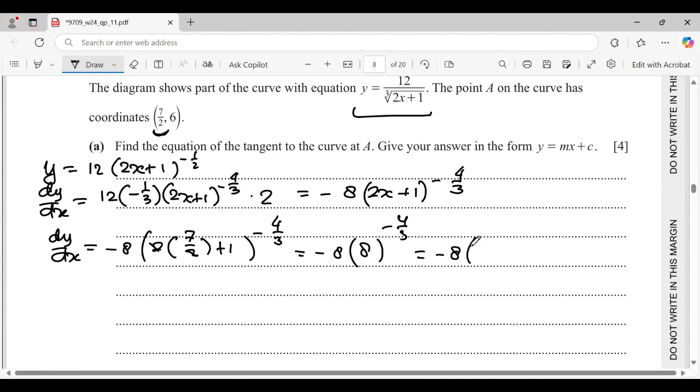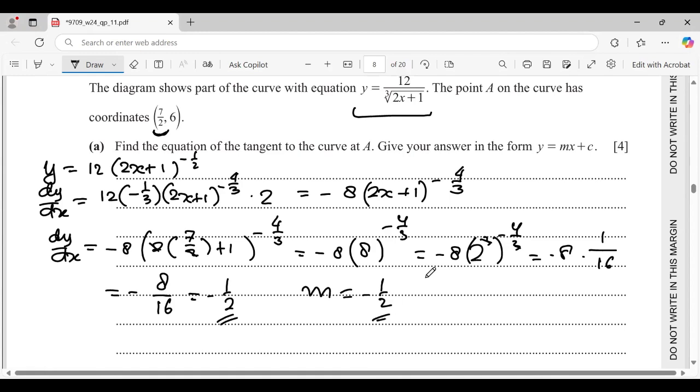This is 2 cubed. So it becomes minus 8 times 1 over 2 to the power 4, 16. It becomes minus 8 over 16, or minus 1 half. So m equals minus 1 half, the gradient.